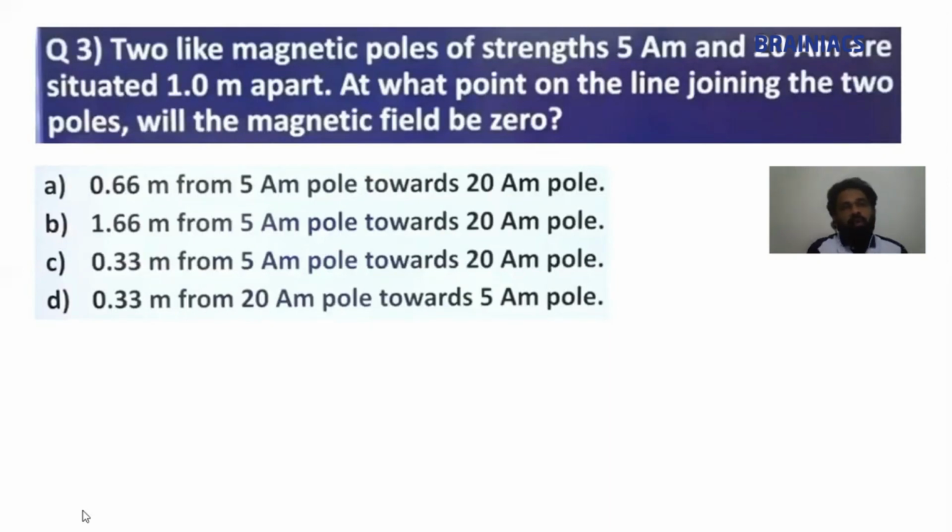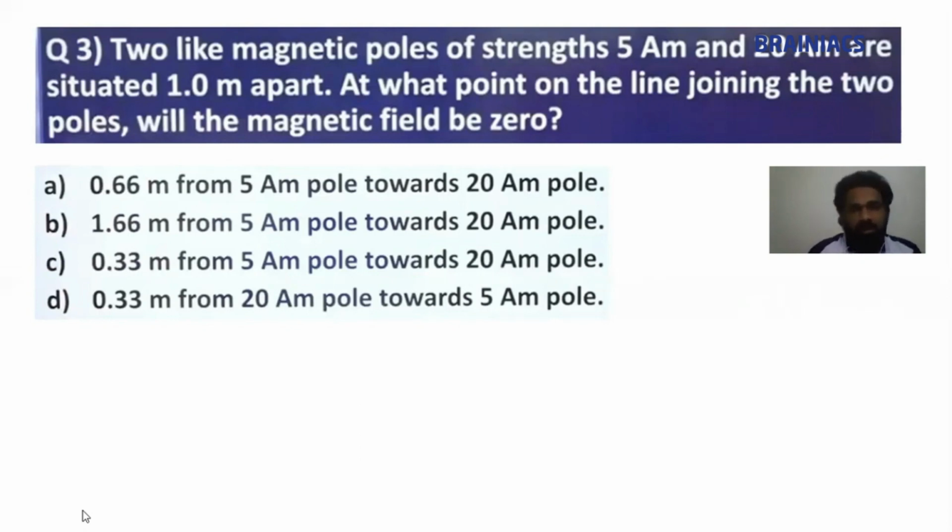Two like magnetic poles of strengths 5 ampere meter and 20 ampere meter are situated 1 meter apart. At what point on the line joining the two poles will the magnetic field be zero?